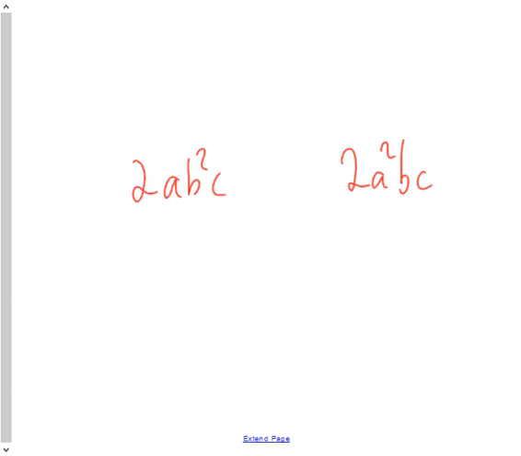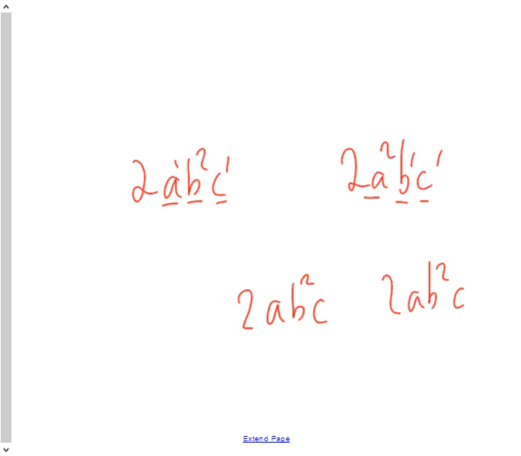These share the same variables, a, b, and c, and they both share the same degree, which is 4. So if I said, because they share the same degree and the same variables, they are like terms, true or false? The answer would be false, because not only do they have to have the same variables, but they also have to have the same amount of each variable.